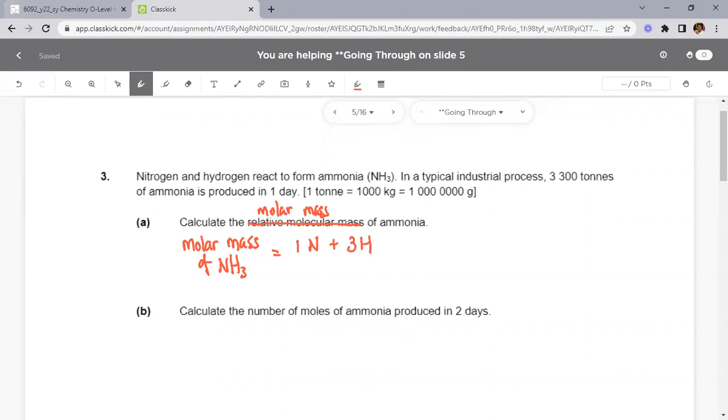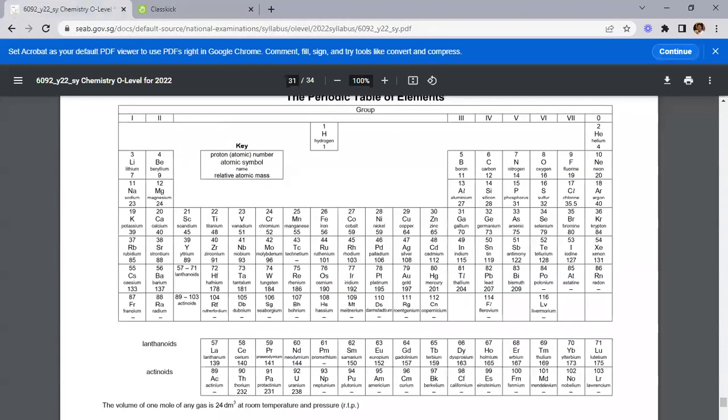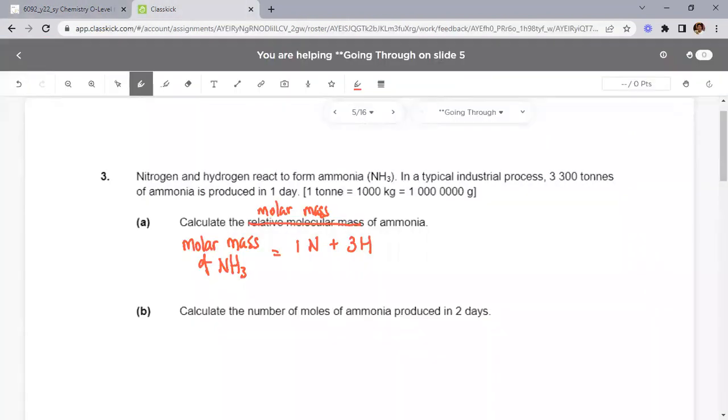If you go to your periodic table, nitrogen's relative atomic mass is 14, hydrogen's relative atomic mass is 1. So it will be 1 times 14 plus 3 times 1. So I'm going to get 17 grams per mole. So the molar mass of NH3 is 17 grams per mole.